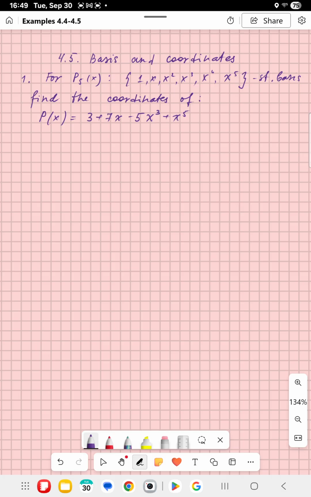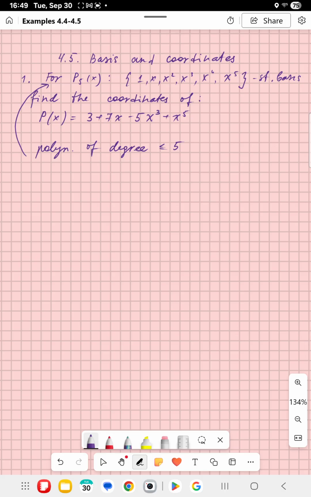In our case, let's consider a space of polynomials of degree less or equal than 5. So the maximum degree is 5, but a polynomial can have other degrees of power functions too.